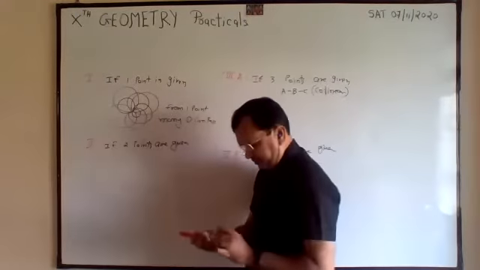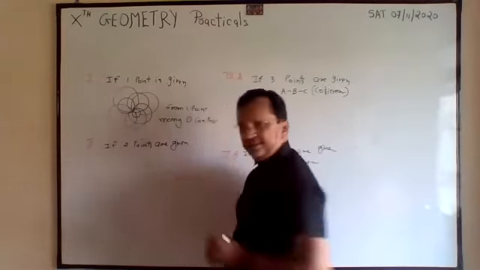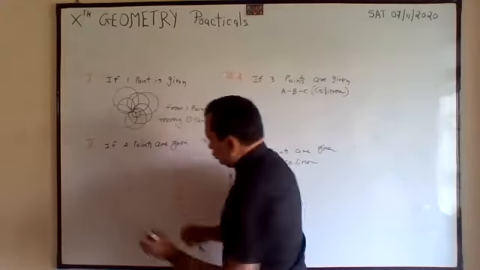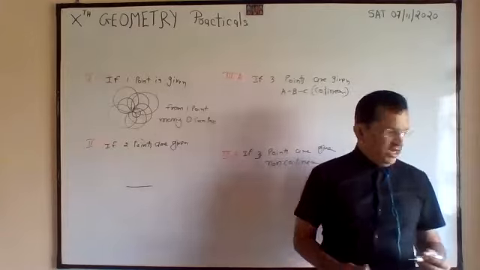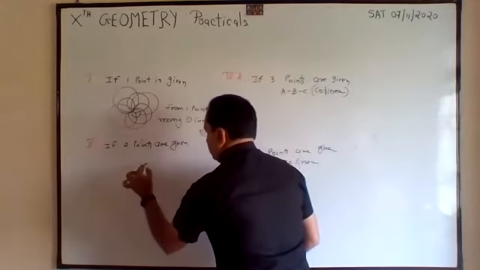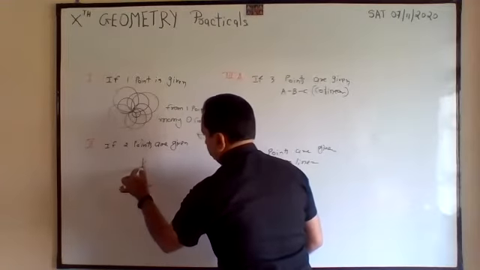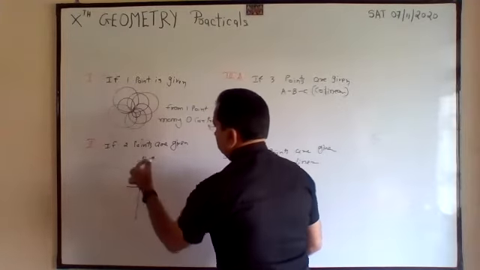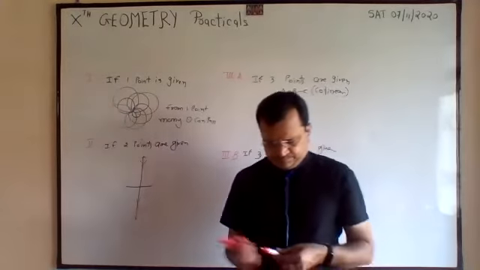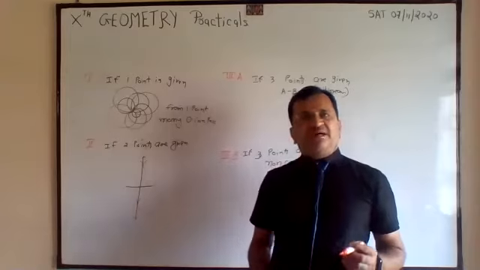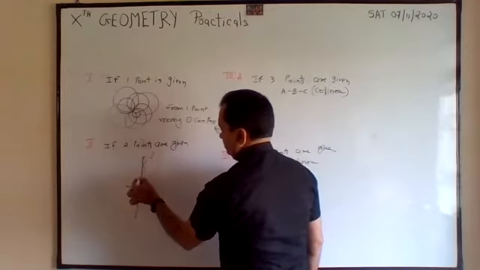From 2 points, how will you draw that diagram? Take 2 points. Join the 2 points. Then from here, upper side, lower side. From here, upper side, lower side. Now, take a metal point on line L. Anyway, suppose I am taking here.